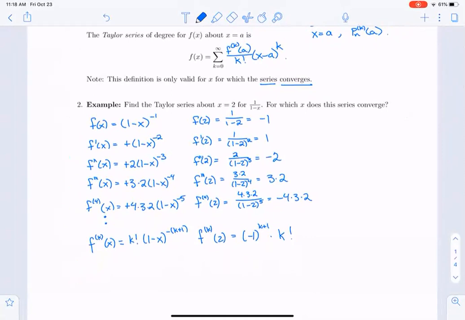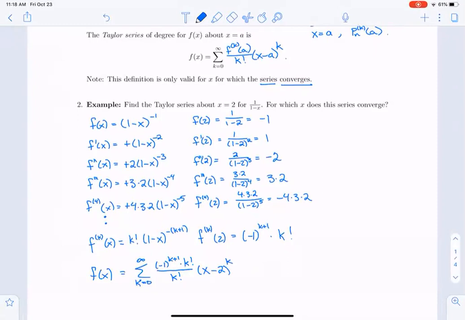I'm going to try not to hide the series formula for the moment. So that tells me that f of x in this case is equal to the sum from k equals 0 to infinity of the kth derivative at a, so that's -1 to the k plus 1 times k factorial over k factorial times x minus a is 2 to the k power.